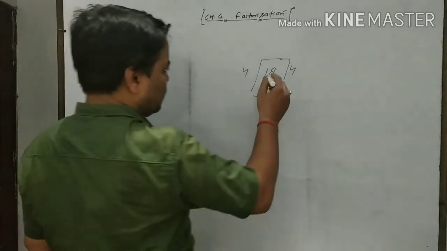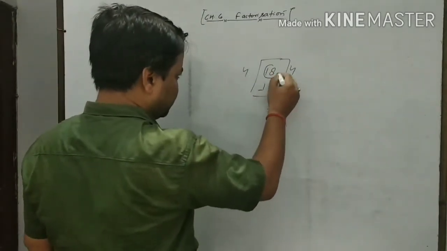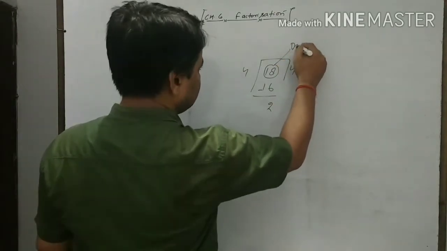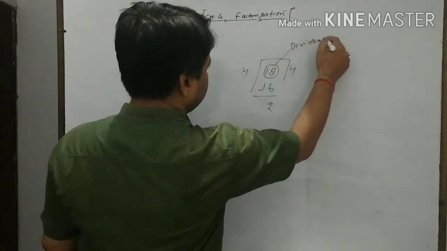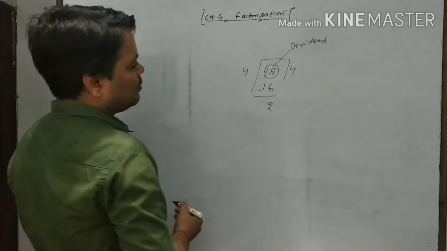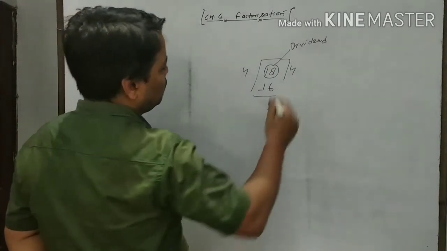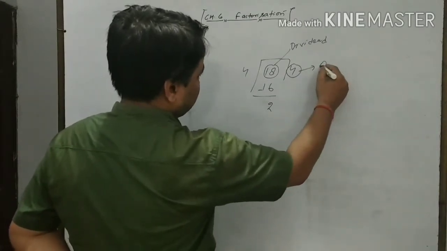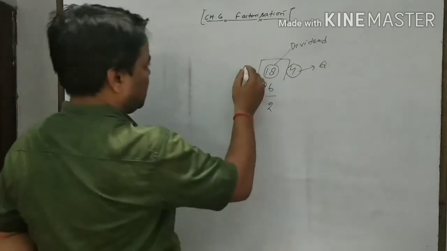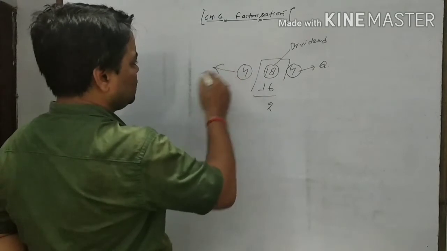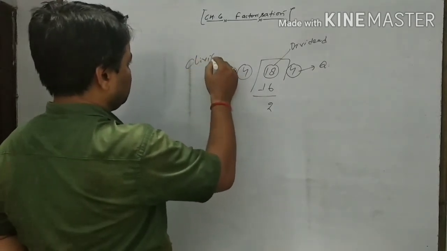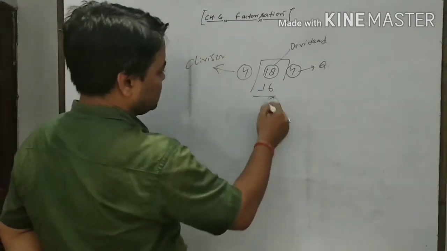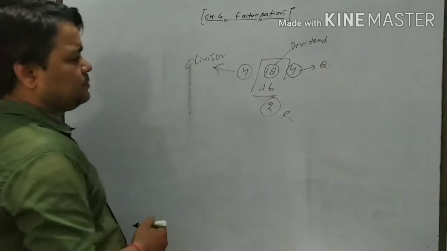Now what is 18? 18 is the dividend. What is this 4? This 4 is the quotient, Q for quotient. And what is this other 4? Divisor. And what is this? R for remainder.